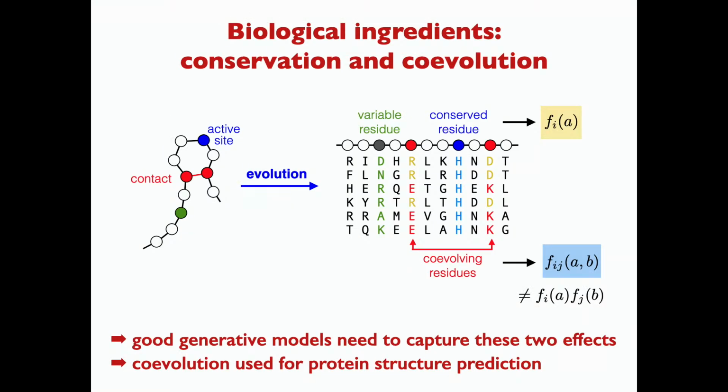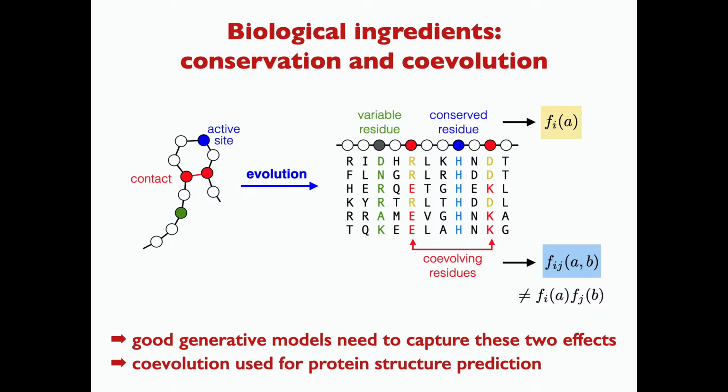And actually, in particular, coevolution has reached a certain status of interest in computational biology, because coevolution is the basic signal which is used for protein structure prediction, including AlphaFold.